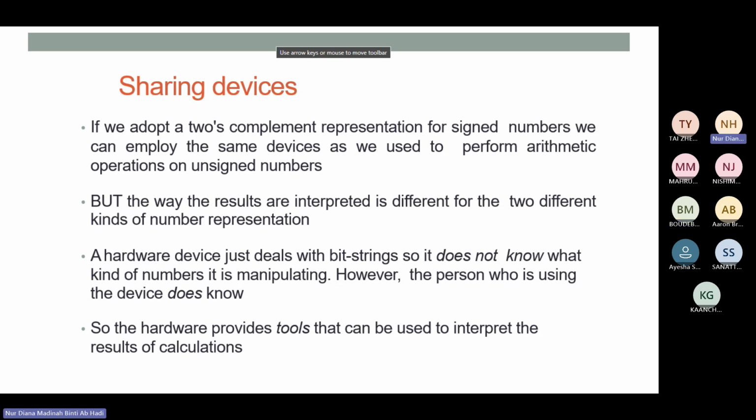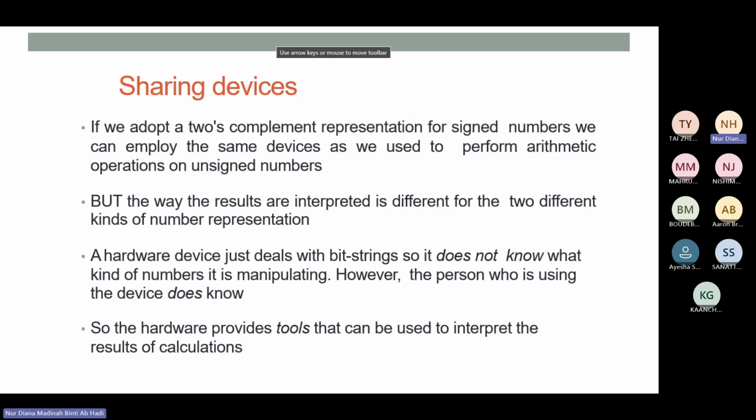Yes. Okay. So sharing devices: if we adopt a two's complement representation of signed numbers, we can employ the same device to perform the arithmetic operation, but how the results are interpreted would be different for the two kinds of number representations.